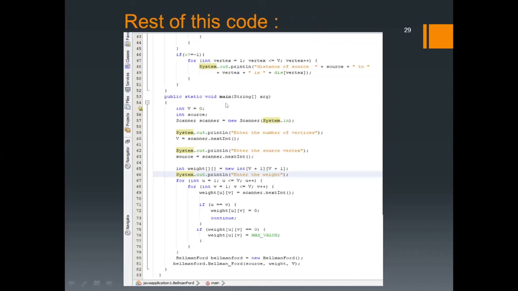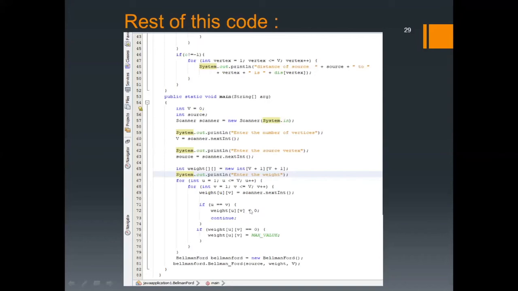And in the main function, here I want to get input from user, and that is the weight of every edge. And I used here two if conditions. And what are these conditions?